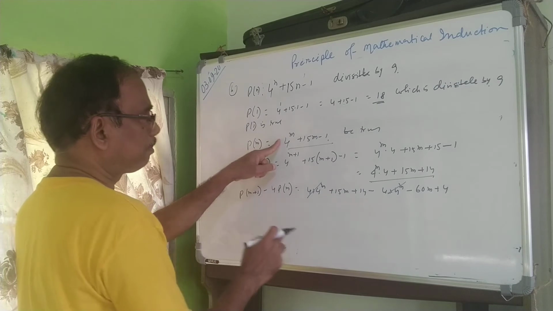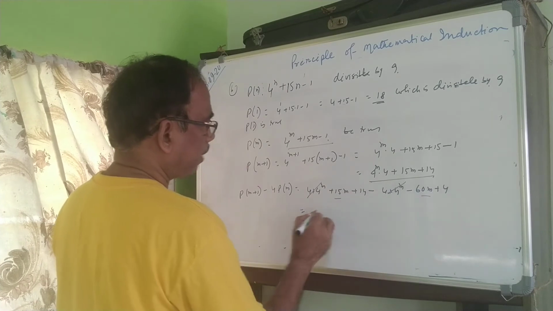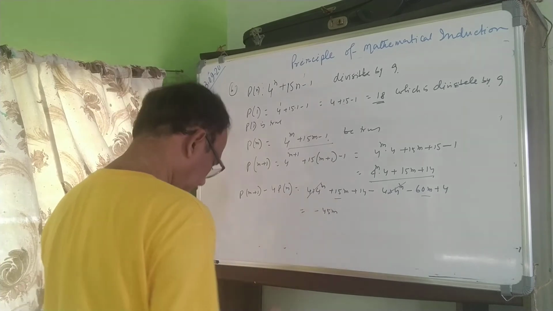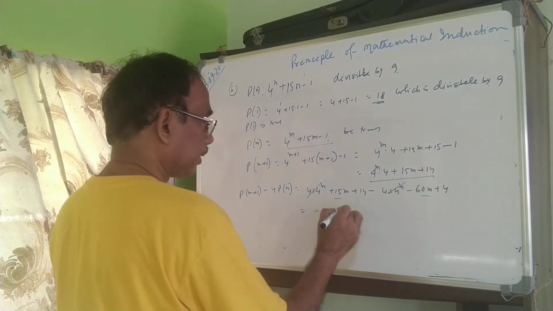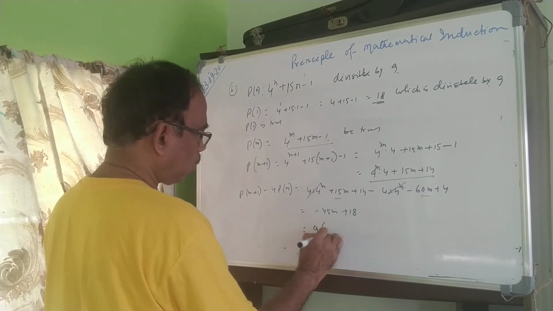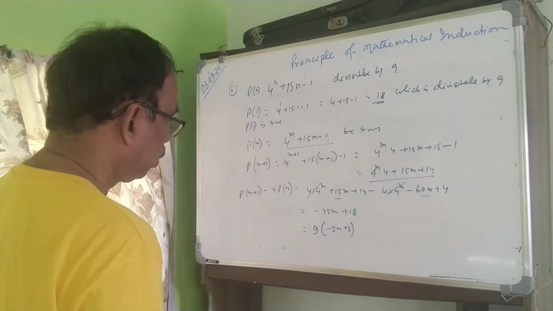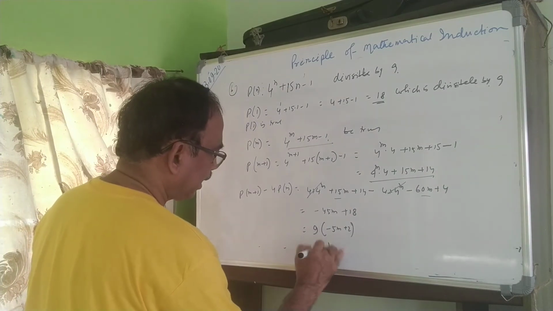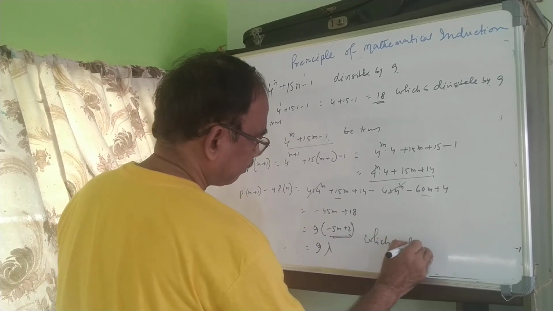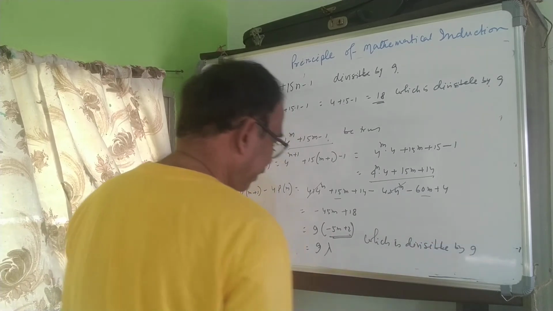This minus this, a plus will be minus, that is minus 45m plus 18. We can take 9 common: 9 into minus 5m plus 2 equals 9 lambda. This is constant, which is divisible by 9.